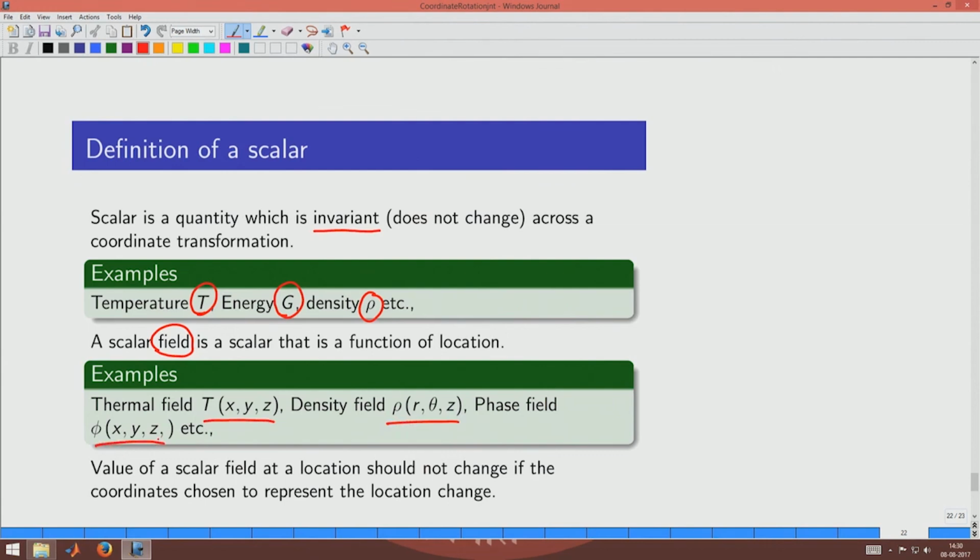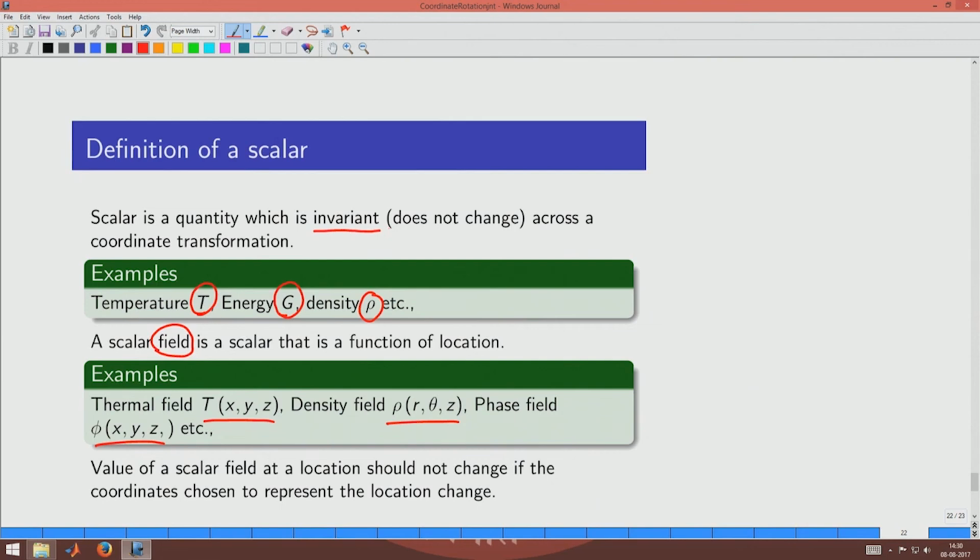These are all various quantities that will be coming up as a part of this course later on. So, we will be using the word scalar field in multiple ways, and whenever we do, what we mean is that whenever the coordinate system changes, the value does not change, and the value is a function of the location.